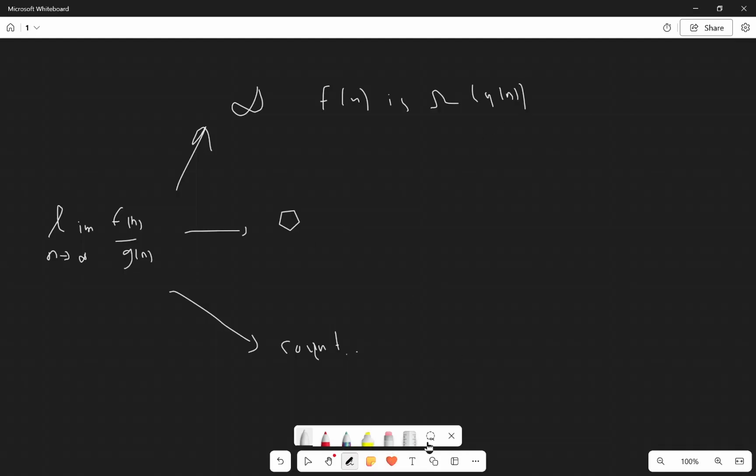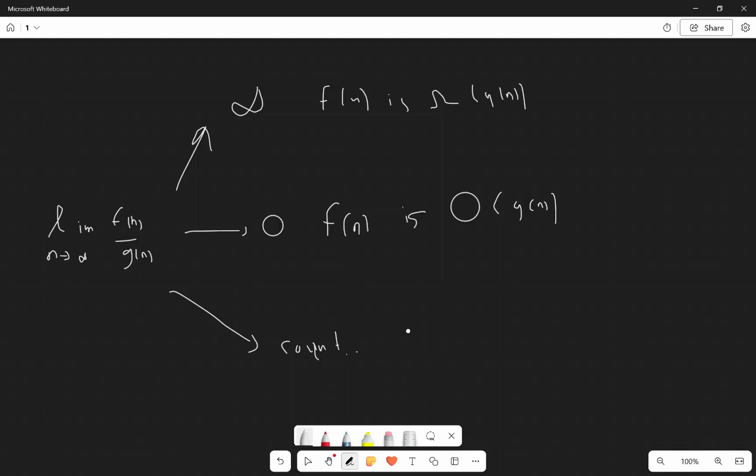If it's 0, that means gn is significantly larger than fn, which means gn acts as an upper boundary. I can write gn like this.